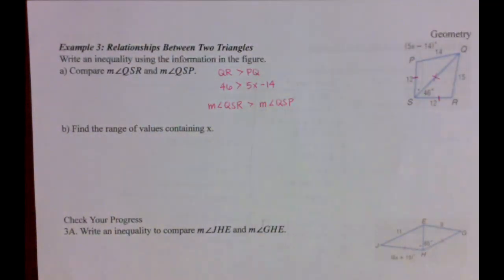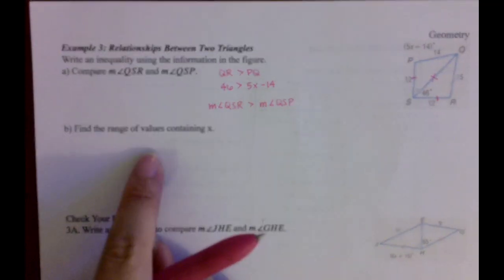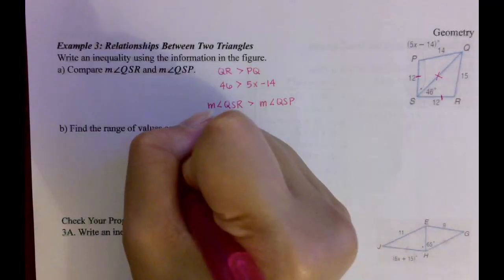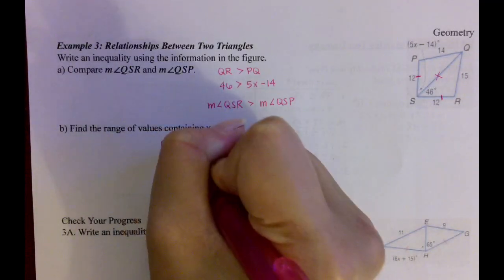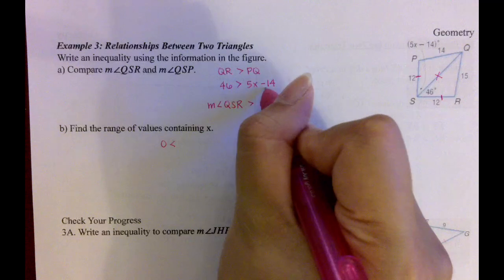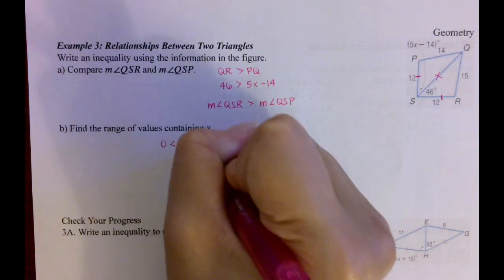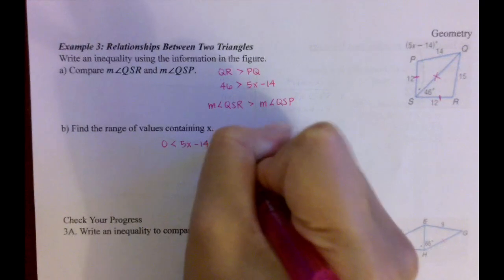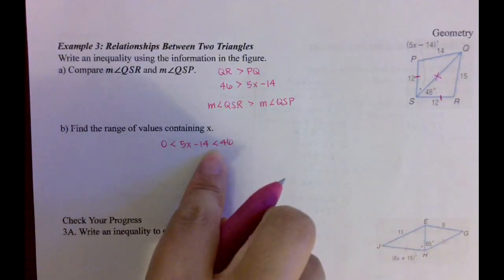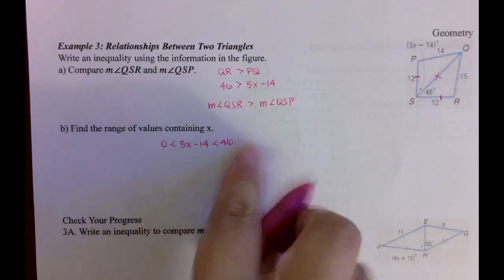Here we want to find the range of values containing x, so of course an angle has to be greater than 0. And then we know that 5x minus 14 is going to be smaller than 46. Another way of saying 46 is greater than this is to say that this is smaller than 46.